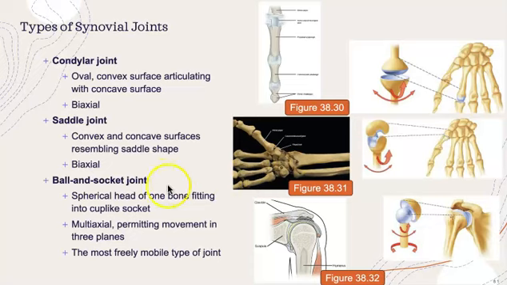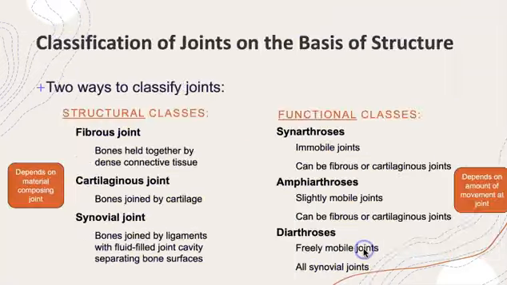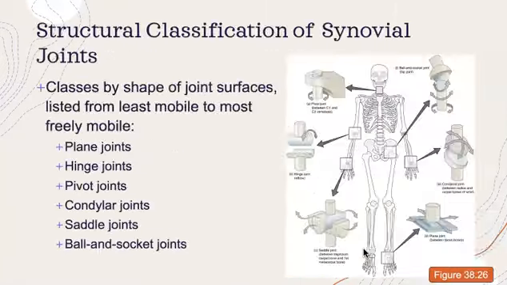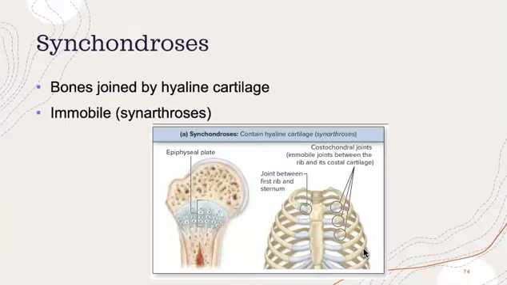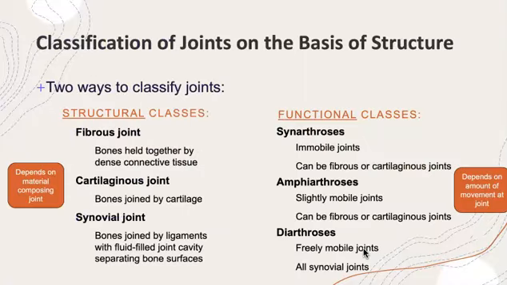And then lastly, we have our ball and socket joint, where we will have a spherical head of one bone that fits into a cup-like socket of another. And so we could see this in the area of the shoulder. We can also see it in the hip. Let me go back to that we had it here in the beginning.